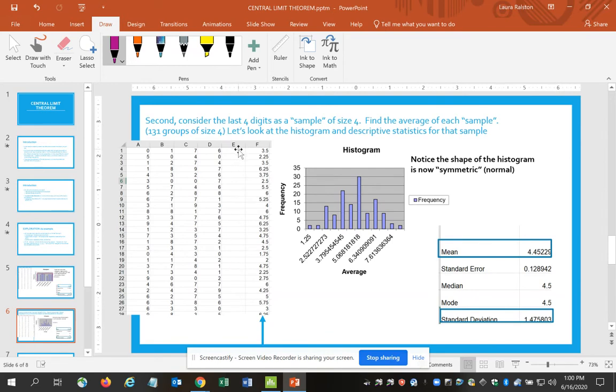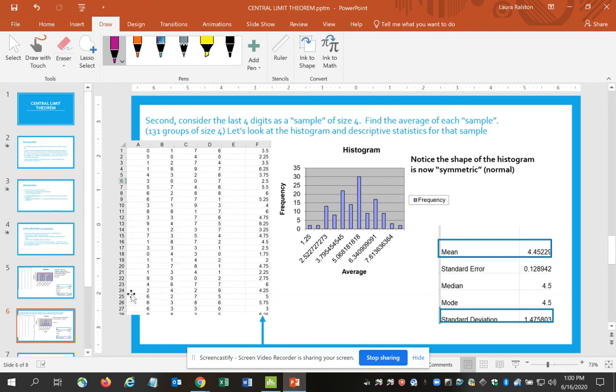So if we look at each person's last 4 digits as a group, I had 131 groups of size 4. Again, I took each one and found the average. For the second row here, 5040, I would have added those, gotten 9, divided by 4, and had an average of 2.25.